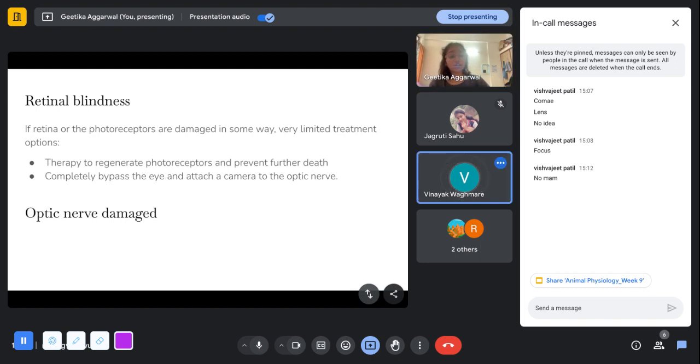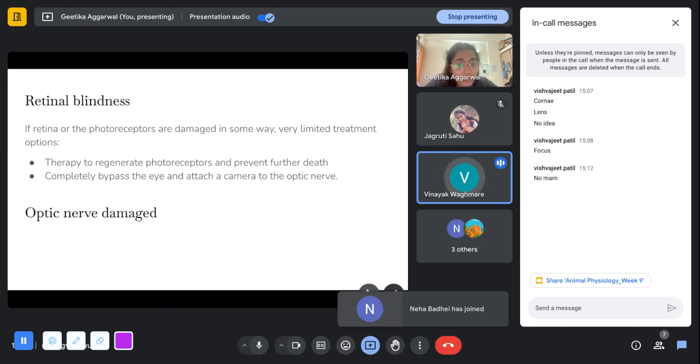And when the optic nerve itself is damaged... Ma'am, can we define this invention as a biotech invention? Yeah, this would be a biotech invention in which you are basically integrating biology with technology. Yeah, because we got a project in which they told us to find out the applications of biotechnology in the last 5 years.